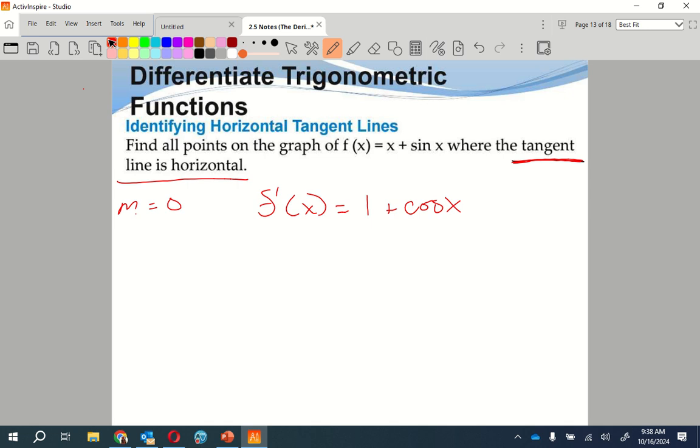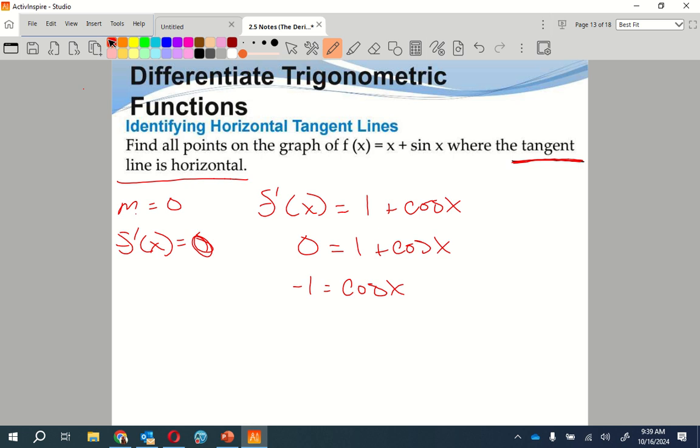So that means my derivative has to be equal to 0. So I'm going to take my derivative and set it equal to 0 and see what I get. 0 equals 1 plus cosine x. Subtract 1 to both sides. I get -1 equals cosine x.